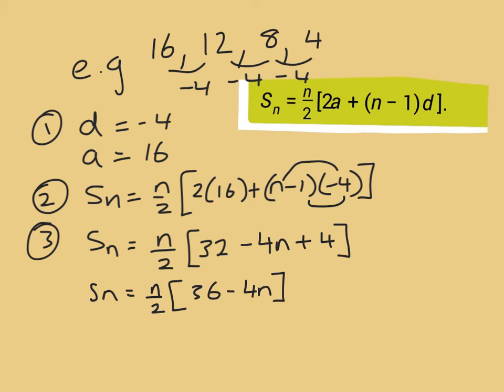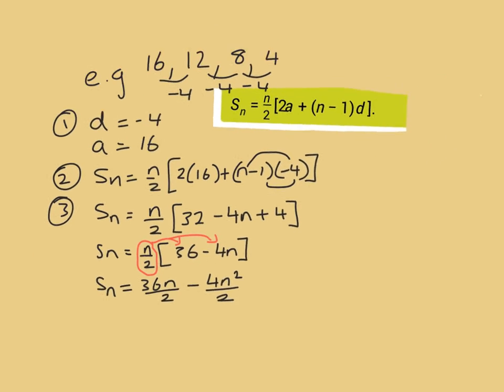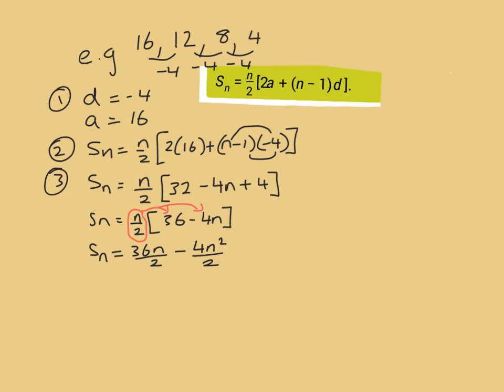And then all I'm going to do is multiply this whole fraction into that there. So I am going to get Sn equals 36n over 2 minus 4n squared over 2. And again, I'm going to make that a little bit simpler by getting rid of the fractions.